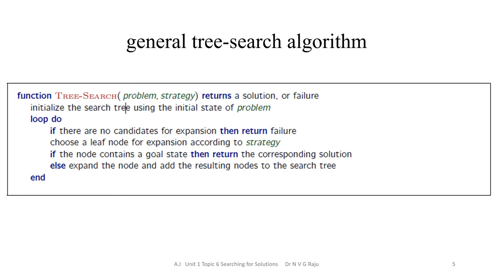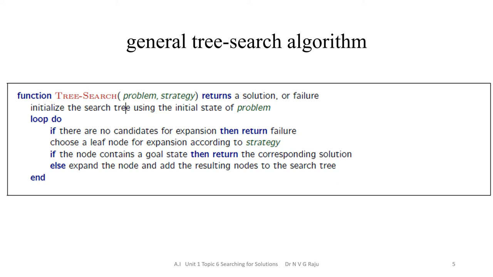Let us discuss the general tree search algorithm. The function tree search takes two inputs, problem and search strategy, and returns a solution or a failure. First, we initialize the search tree using the initial state of the problem and continue the steps until we get the solution or failure.